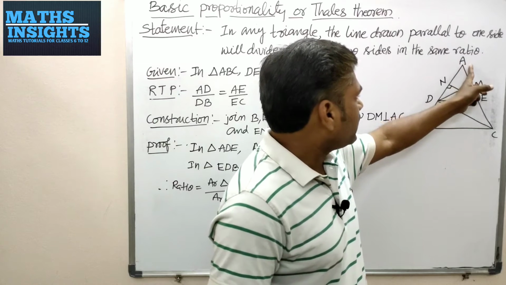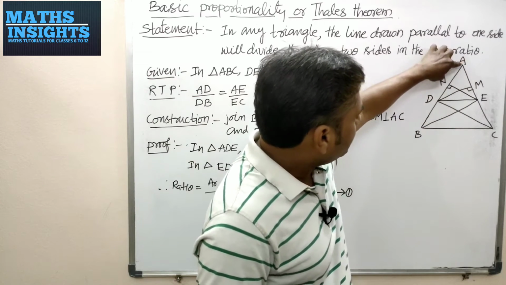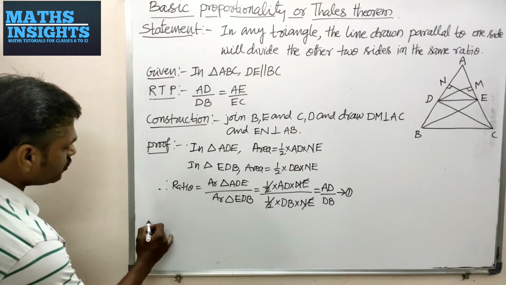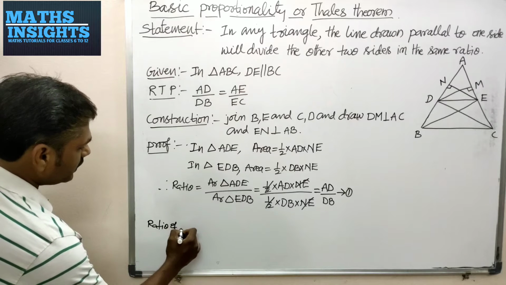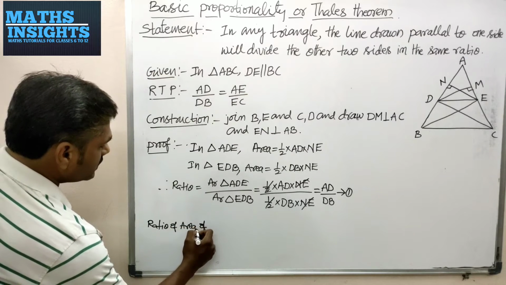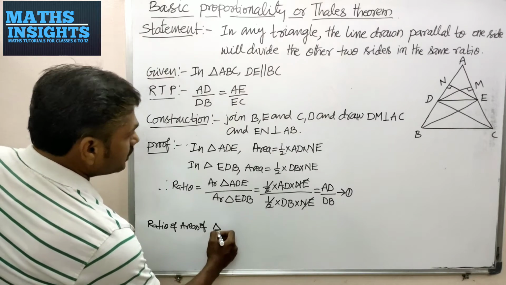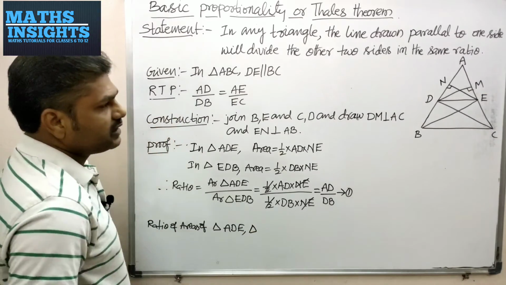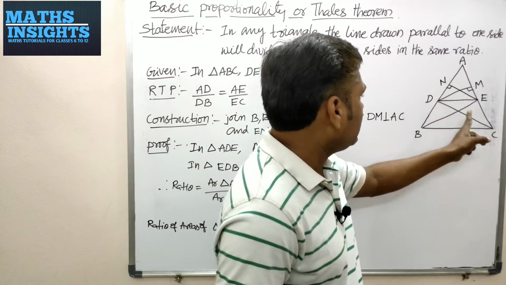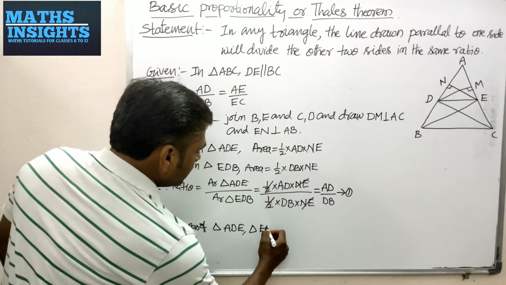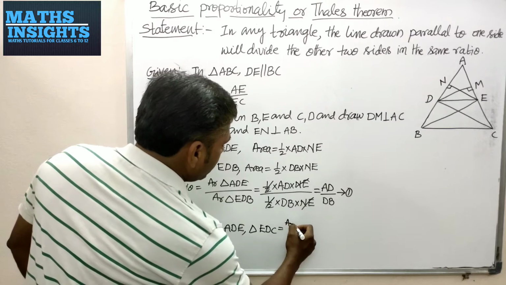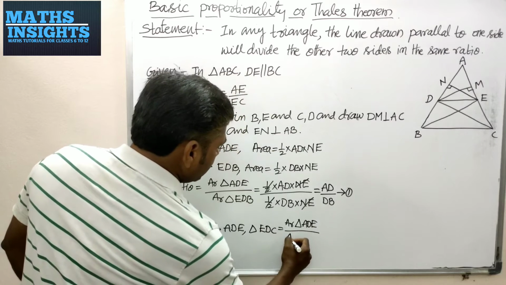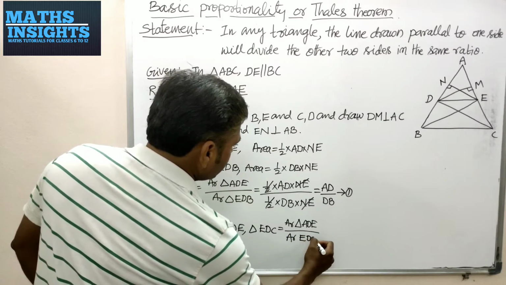Similarly, I will proceed, taking the ratio of areas of the triangles ADE and EDC. Therefore, the ratio of areas of triangle ADE and triangle EDC is equal to area of triangle ADE by area of triangle EDC.